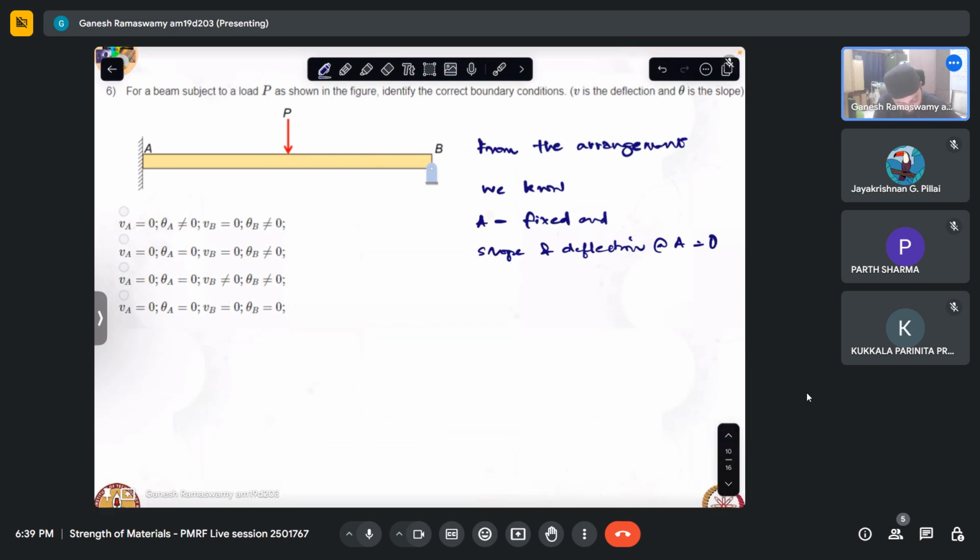We have B being a propped end, propped, hinged, whatever. With a hinge.